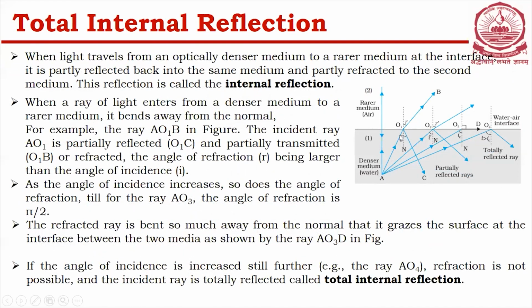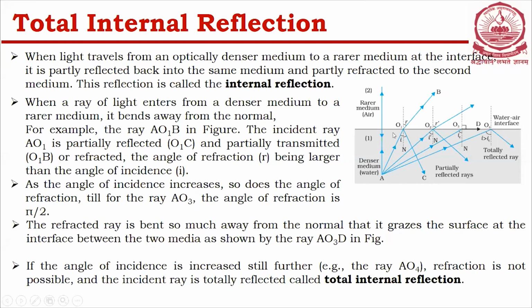But at a particular angle of incidence, the refracted ray grazes the surface of the medium, and the reflected ray and refracted ray are mutually perpendicular to each other. The angle of incidence at that point is called the critical angle. That's what the critical angle is, you know that very well. It is the angle at which the refracted ray and the reflected ray are mutually perpendicular to each other. That's what I explained here.